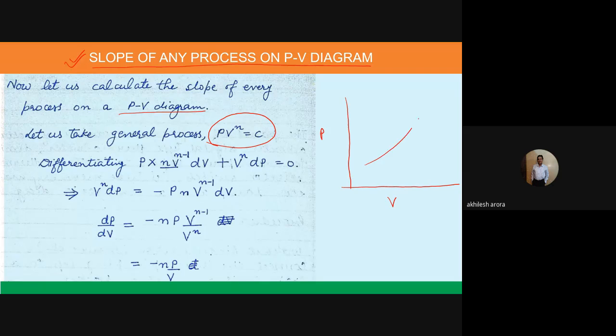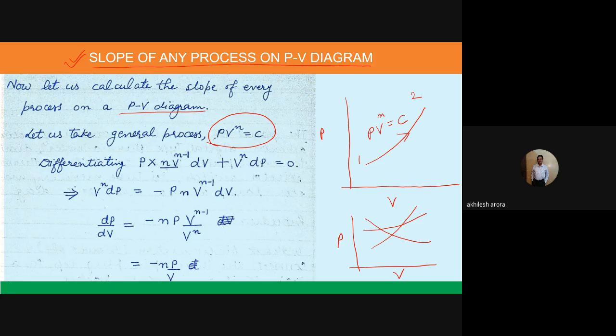Suppose I consider this particular process 1 to 2. I can say that this process is PV raised to power n is equal to constant. Or if I want, I can also draw the process like this. It could be this also, meaning any shape. So it may have different values of n. I am not worried actually about that.